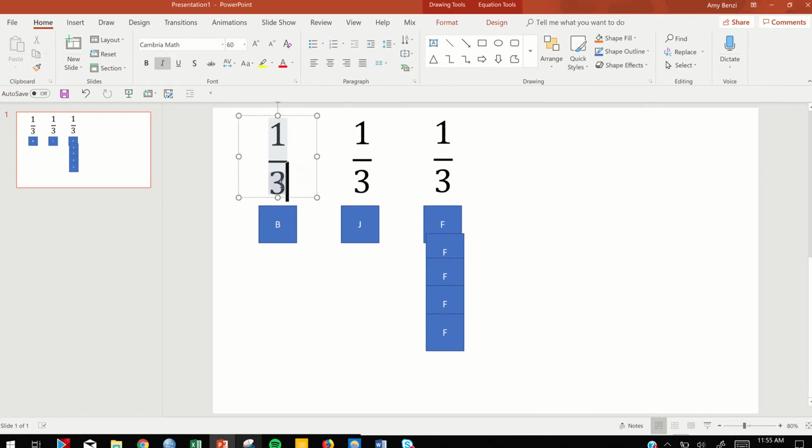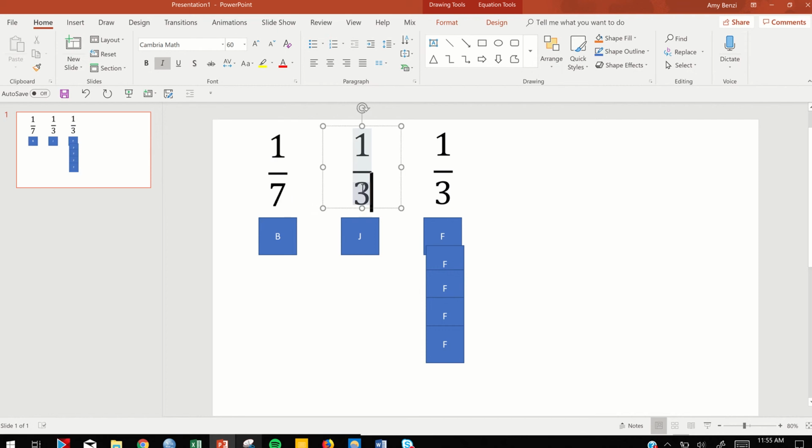Now Bob only has a 1 in 7 chance of winning. Each of these is 1 in 7 except Fran. Fran is now 5 in 7. Fran has 5 out of those 7 chances of winning.